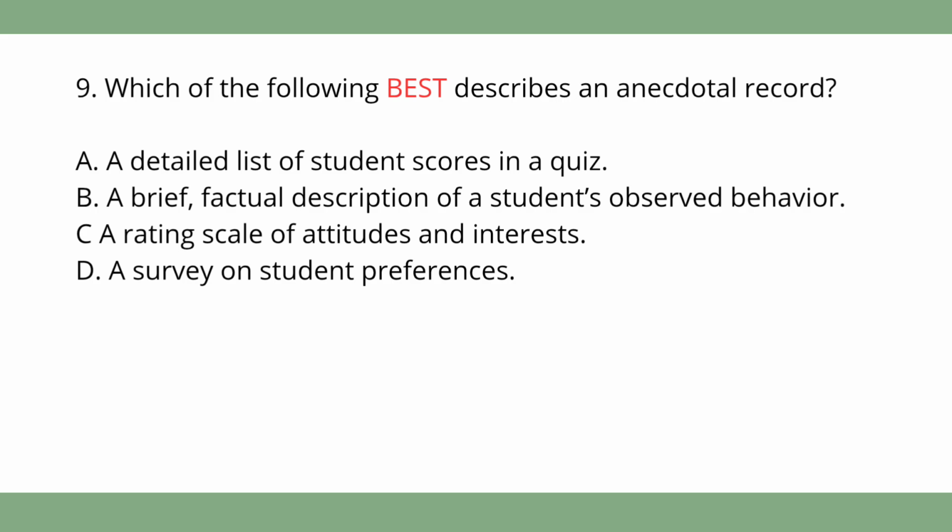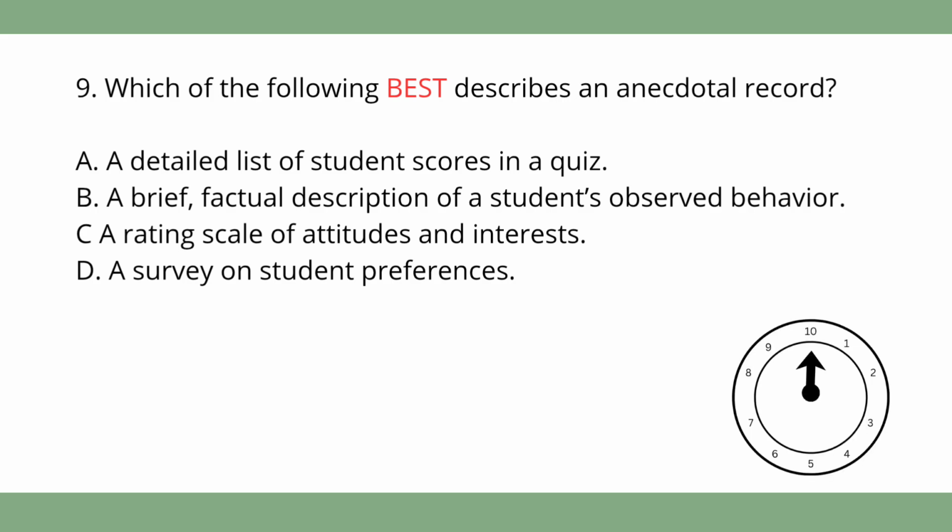Question number 9. Which of the following best describes an anecdotal record? Letter A. A detailed list of student scores in a quiz. B. A brief, factual description of a student's observed behavior. C. A rating scale of attitudes and interests. D. A survey on student preferences.